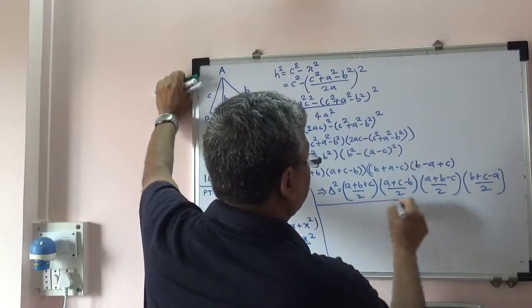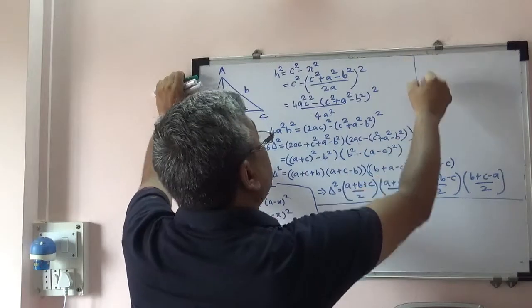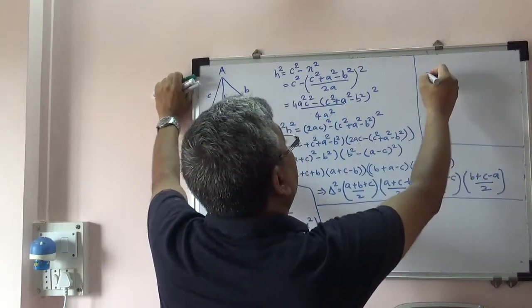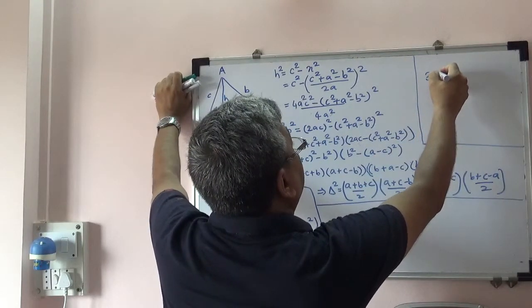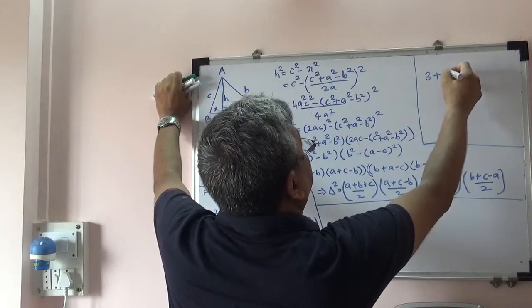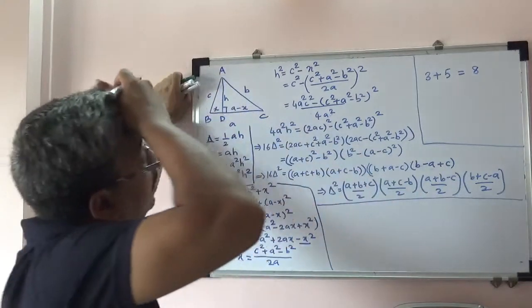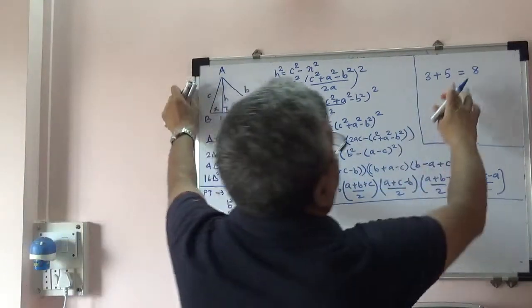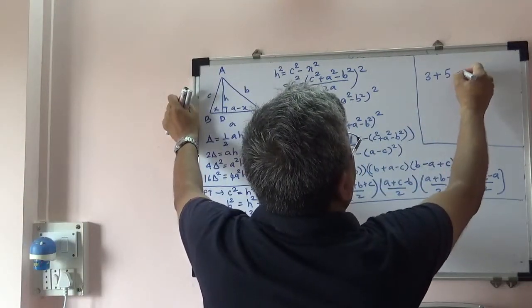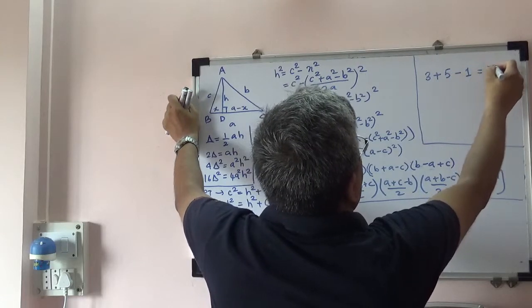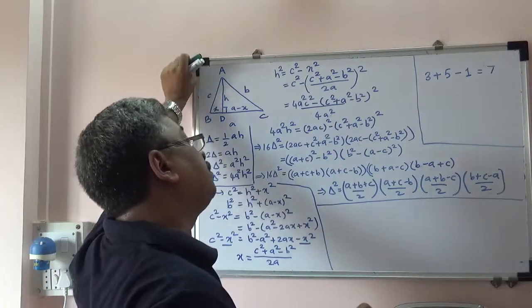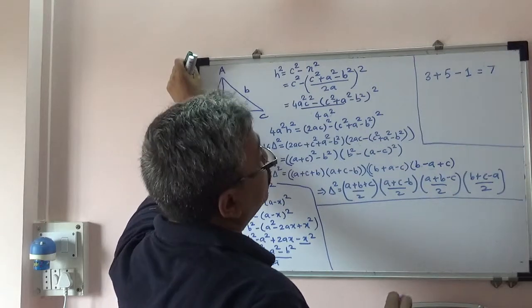Now let us see what do these terms mean. Suppose I have 3 plus 5 is equal to 8. 3 plus 5 minus 1 is equal to 7. But I don't like 3 plus 5 minus 1 is equal to 7.